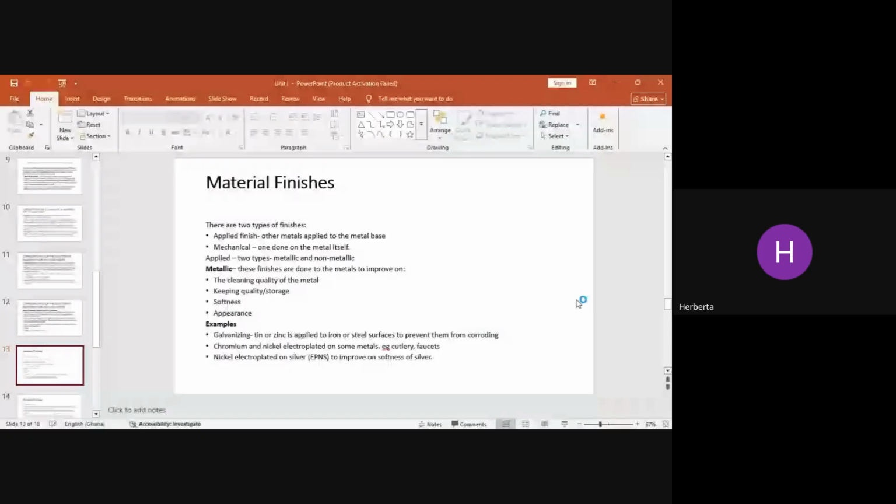So these materials, especially the metal ones, after the production, there are some finishes that are attached to them so that it makes them appealing for us to buy. It's like human beings: when we finish taking our bath, we don't take our natural self outside.